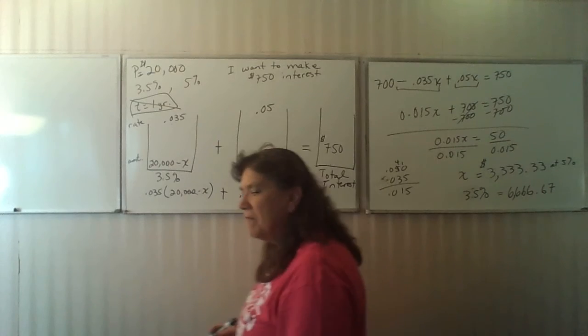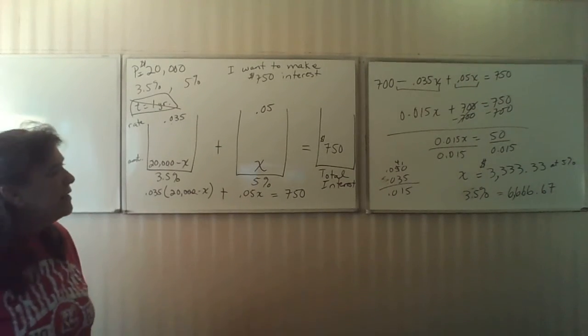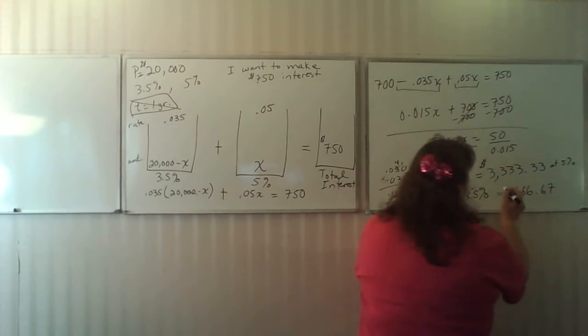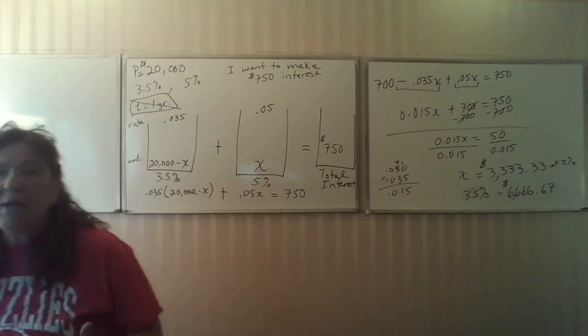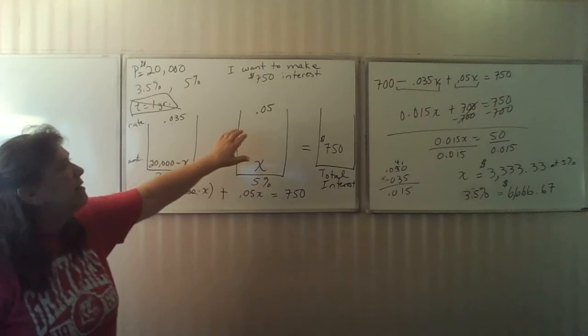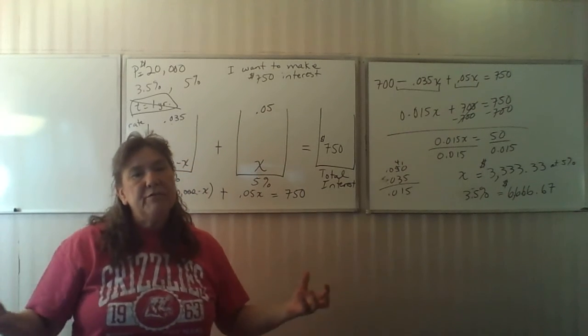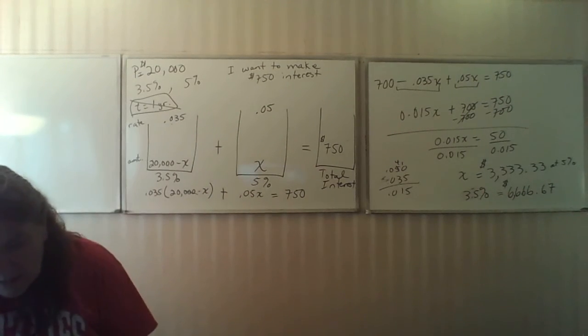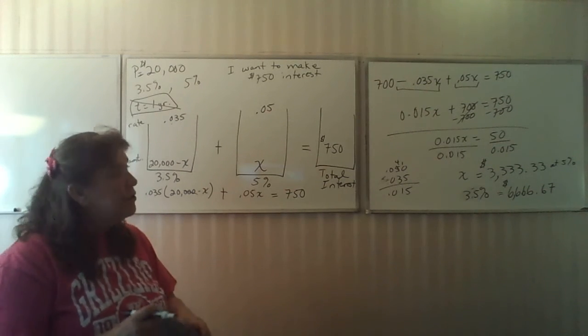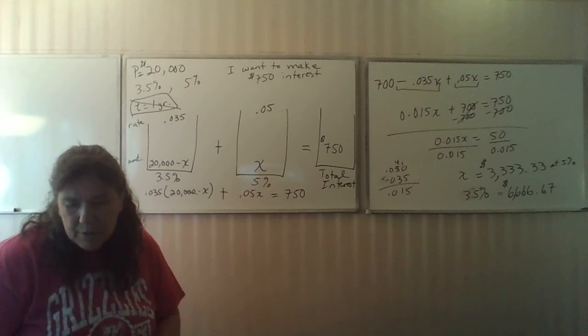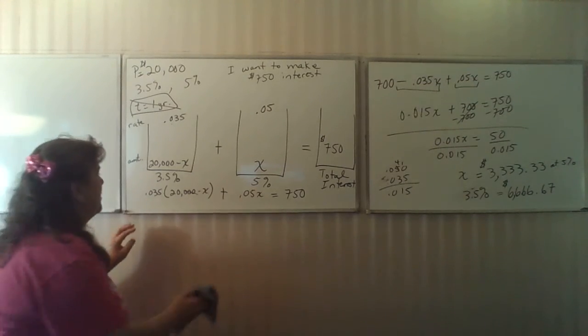So at 3.5%, we're going to have $6,666.67. So this is the way to do it when you're combining investments into two different amounts, okay? So that's another kind of mixture type problem using percentages. Now we're going to look at some other mixture problems.